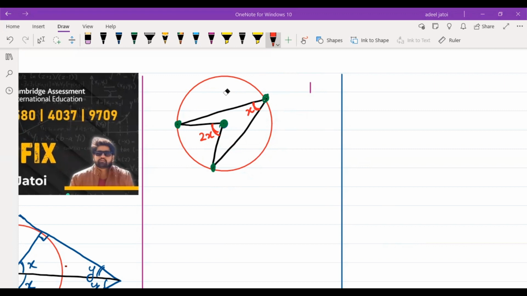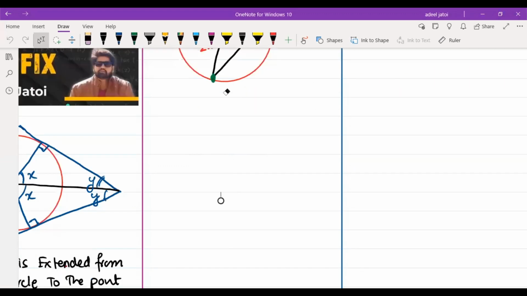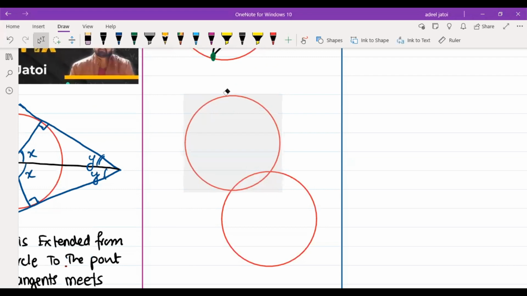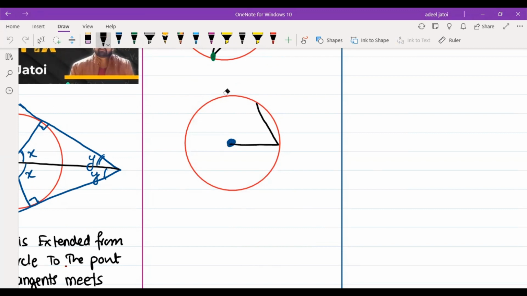Let's work upon the second type. Your second type is when there's a center of the circle, a line extends from the center of the circle, meets the points here. Now, in this particular shape as well, 3 points, 1, 2, 3, are meeting at the point on the circumference, and there is 1 point on the center of the circle.